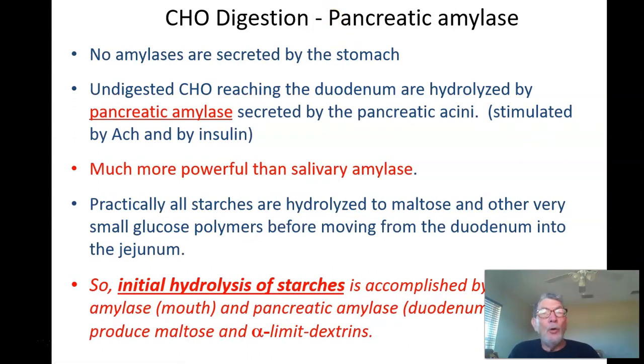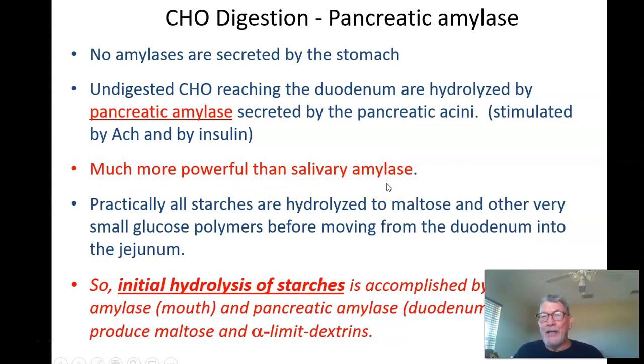There are no amylases produced in the stomach. So once it gets squirted into the duodenum, in through the sphincter of Oddi comes the pancreatic juice containing pancreatic amylase. And it's so powerful that it'll digest all of your starch, even if your spit wasn't doing the job very well. So it's a very powerful starch breaker downer.